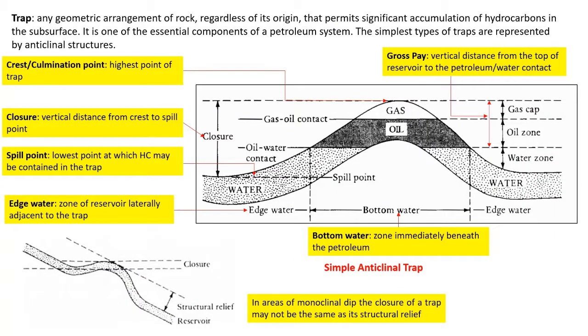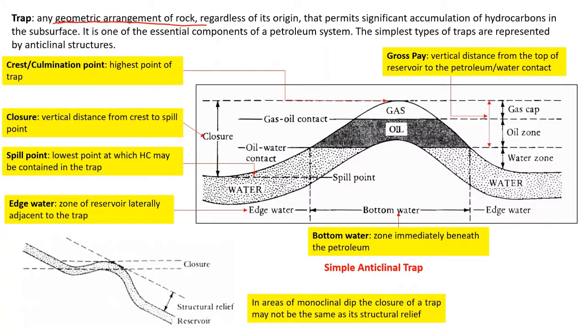So going by the definition, the trap is any geometric arrangement of rocks. Keep this in mind, that a trap need not have the same age as the reservoir. It need not have the same type of lithology as the source rock. So it is basically a geometric arrangement.